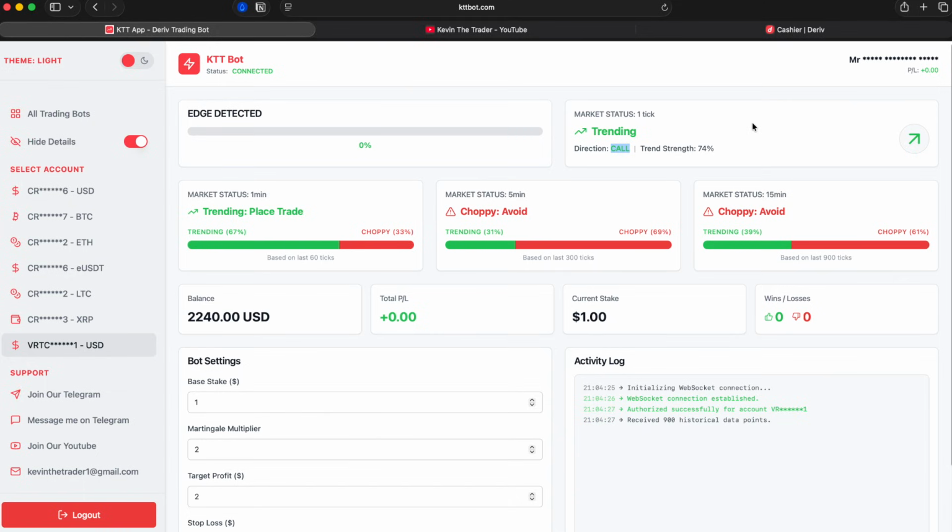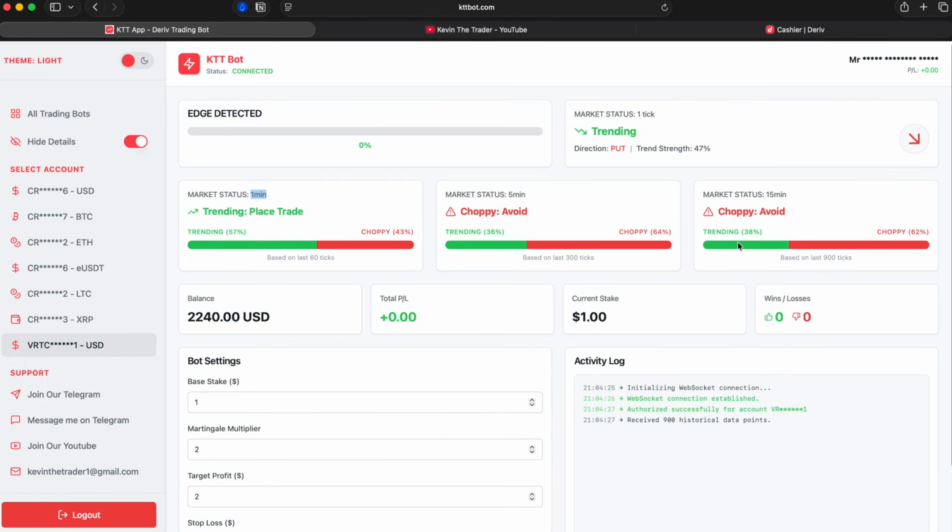Now if you want to use this bot, pay attention here. This is how you use it. The market should be trending on 1 tick, that's per second, and here the market should also be trending. If the trending is above 30% here, and above 30% here, and also above 30% here, then you are going to make more wins than losses.